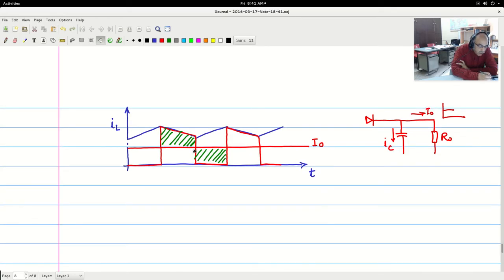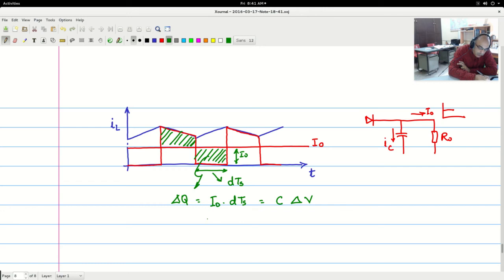Now if I find the delta Q for this, I know that this height is I naught and this width is dTs. When the inductor current is rising, the area, that is the charge, I naught into dTs, is equal to C delta V.